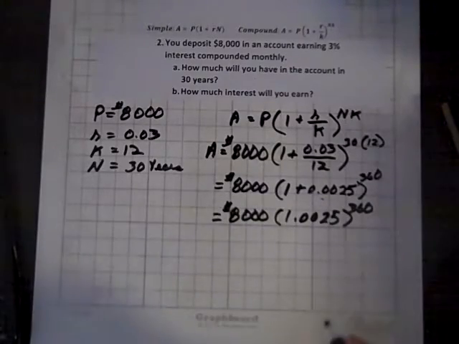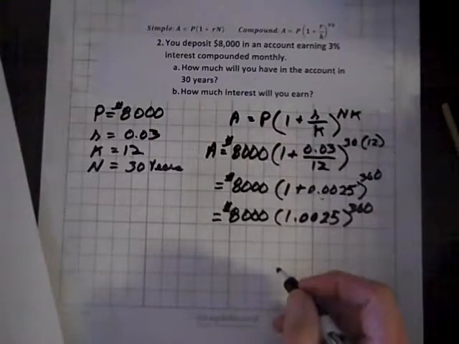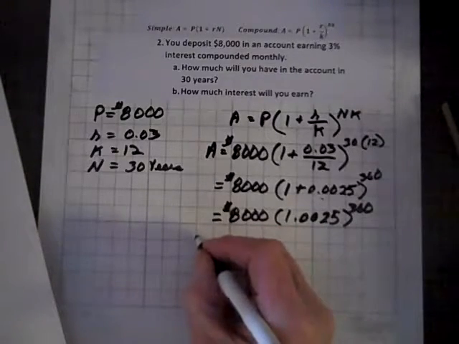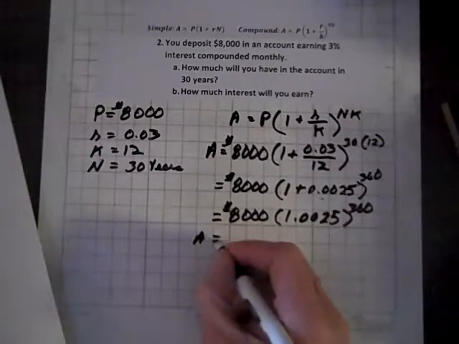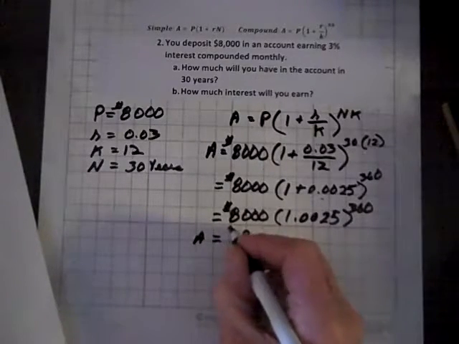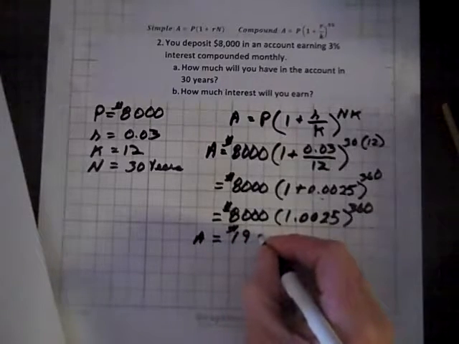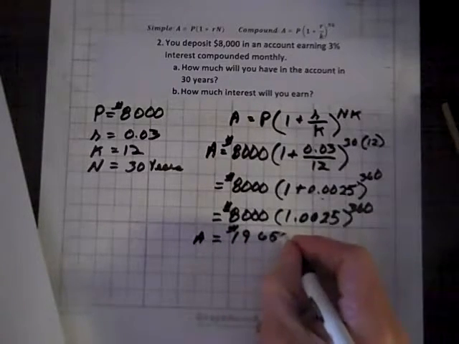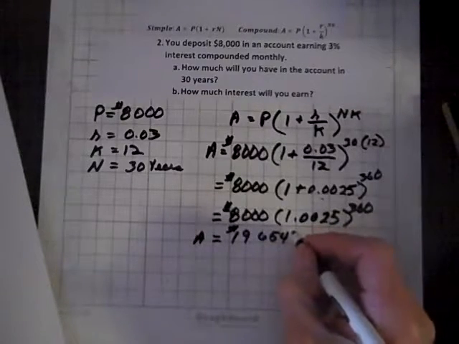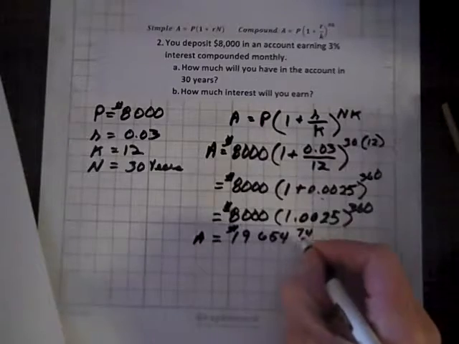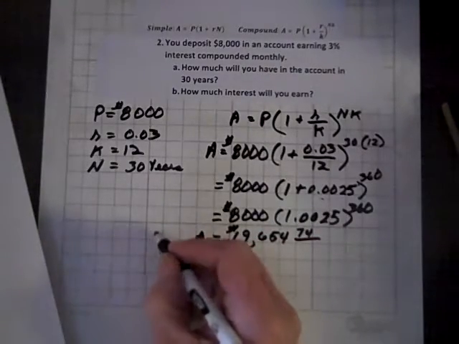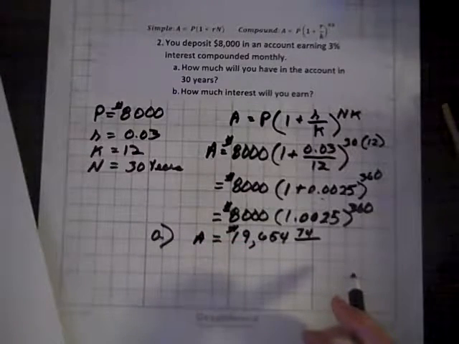And now we'll compute that, and when we run that through the computer, the amount equals $19,654, and when you round, you get 74 cents. Okay, so that's A. That's part A.